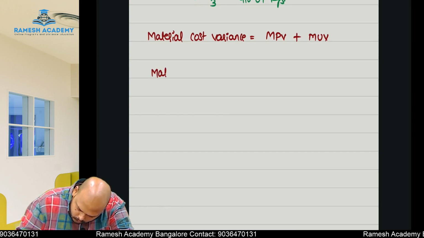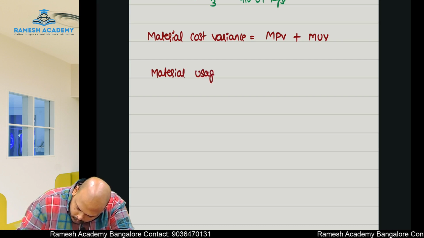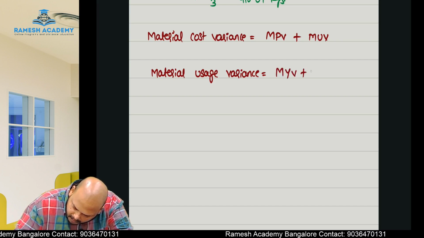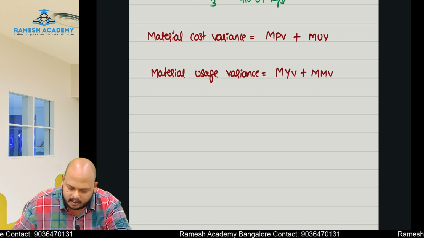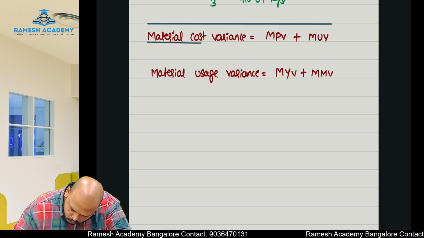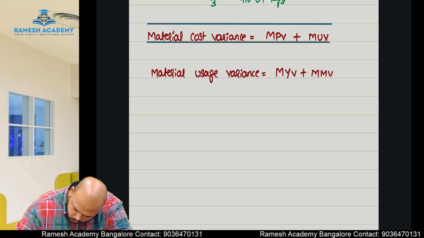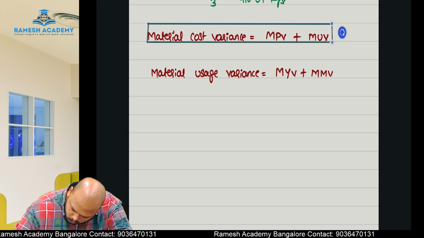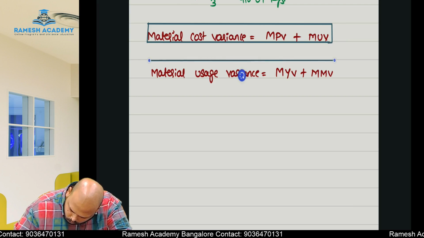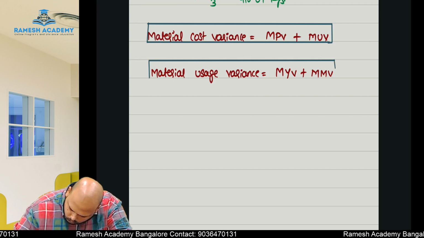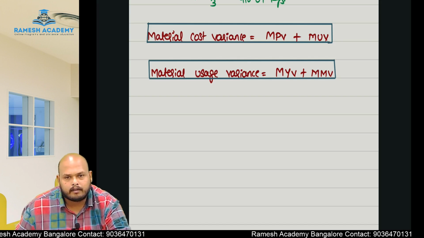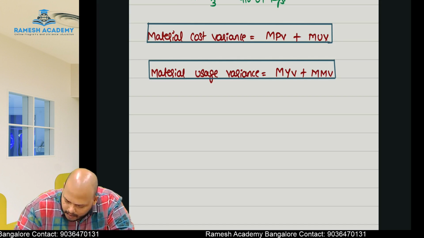Next, material usage variance is equal to material yield variance plus material mix variance.